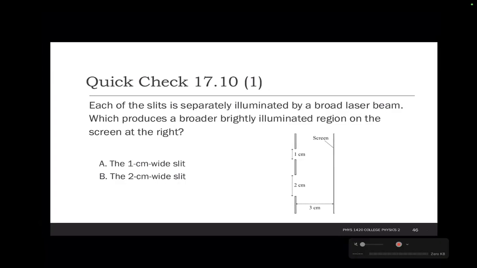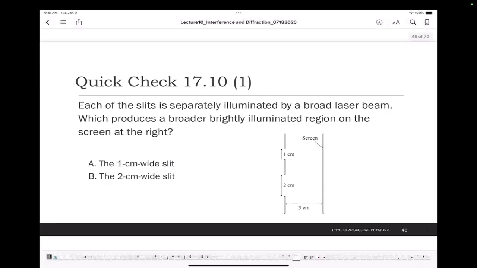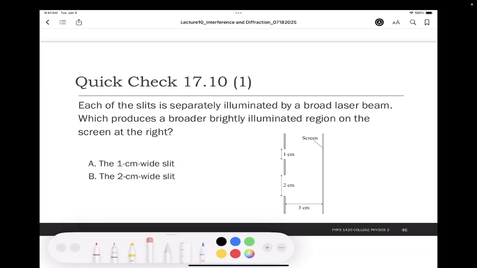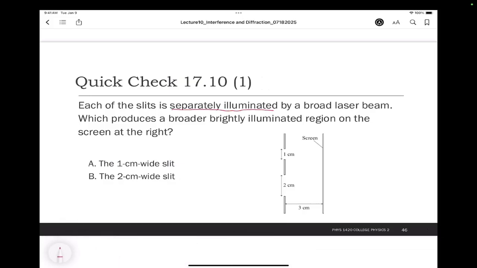Let's check this question. Each of the slits is separately illuminated by a broad laser beam, which produces a broader, brightly illuminated region on the screen at the right. We have already talked about this.